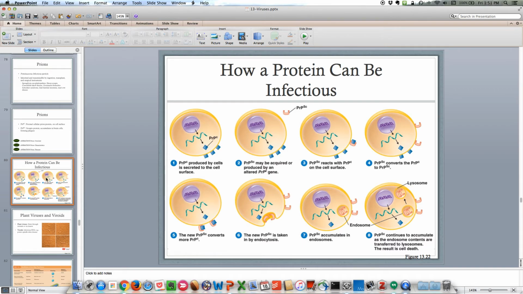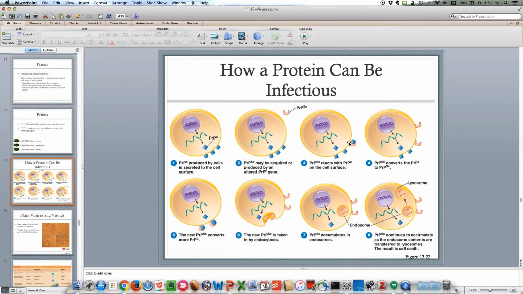continued plaque formation. And so here we have an example of a normal cellular type of prion protein being produced by the cell and secreted onto the surface. And then as a result of exposure, say, to the scrapie form, the misfolded form of this protein, it might be introduced into the patient, and it will react with the normal form and essentially induce it to acquire that misshapen conformation.